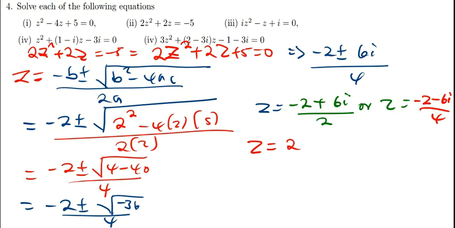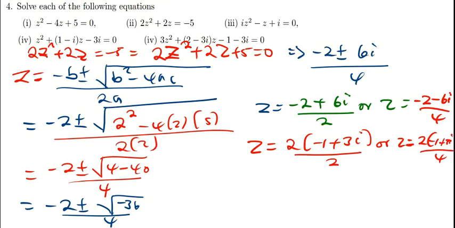So 2 open brackets, here will remain with -1 plus here 3i, like that. I divide this by 4, or z will be equal to, again I factor out 2, -1 plus 3i divided by 4, like that. Where is this 2 coming from? It's 4. So 2 into 2, 1, 2 there, 2 into 2, 1, here 2.